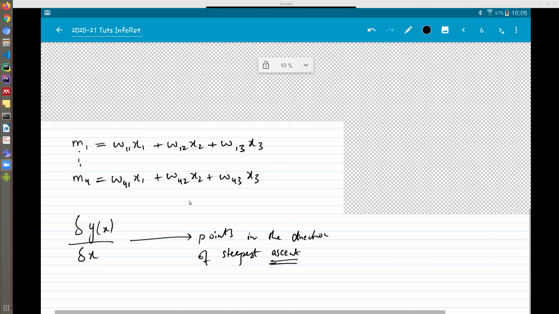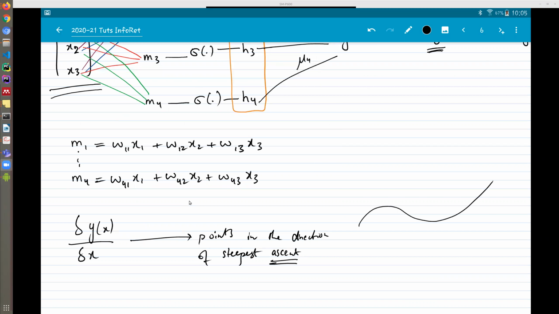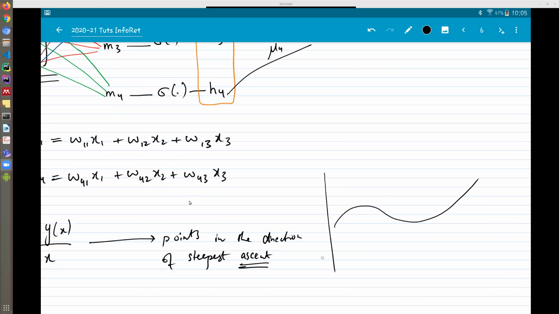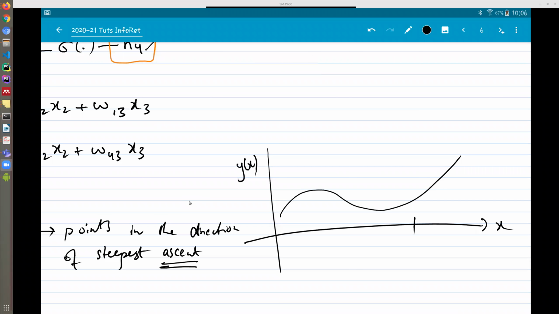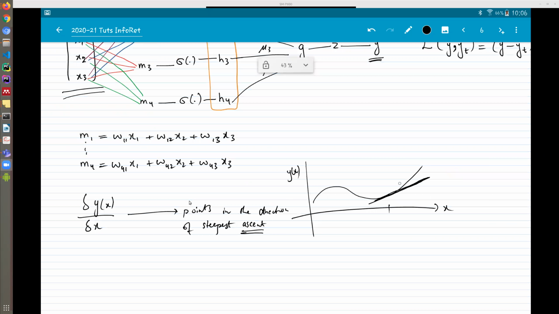Let's say this is our function y of x, this is x, and this is y of x. At this point, the direction of the steepest ascent will be the gradient of the function, right? It will be the tangent, and it will point in the direction of the steepest ascent.